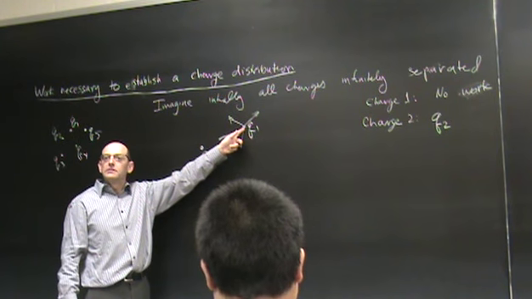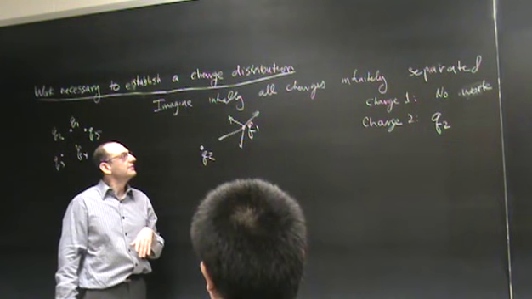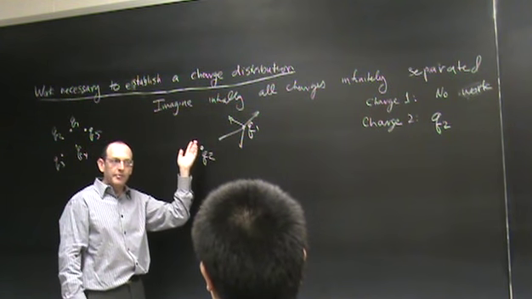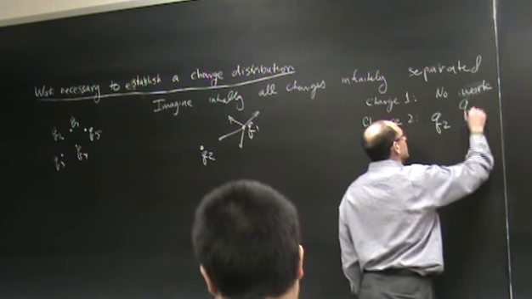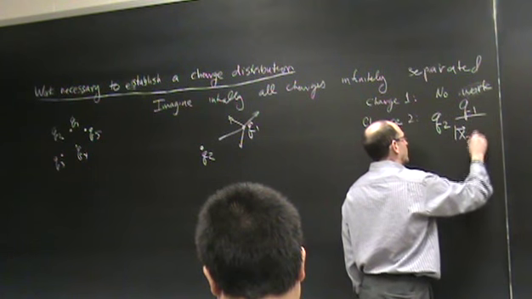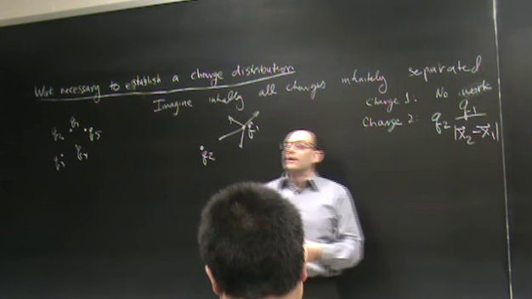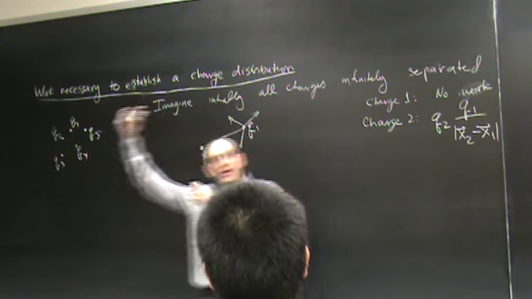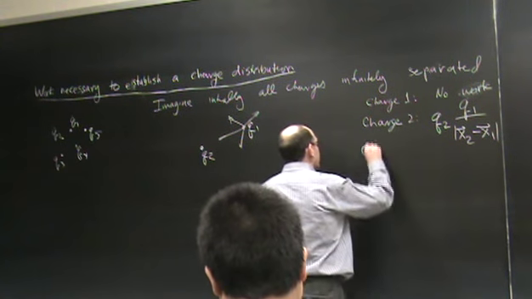And what is that potential? Q1 over the distance between the source and the observation. So this is equal to Q1 over |x2 minus x1|, right? That's the potential seen at position x2 with the charge at x1. Okay, here comes charge 3.